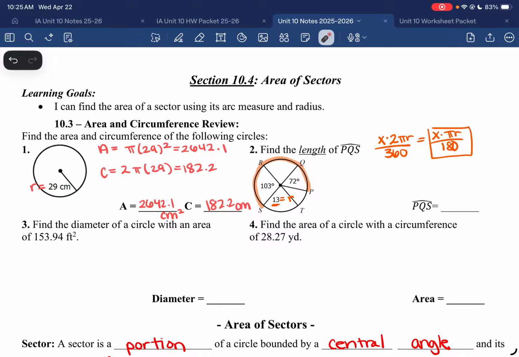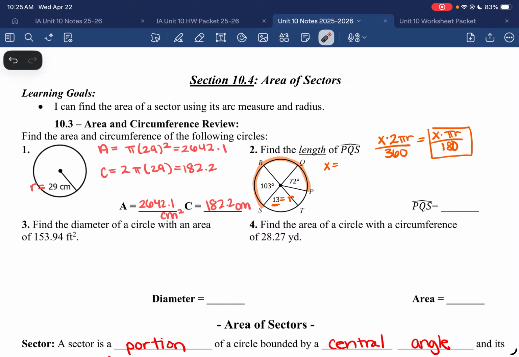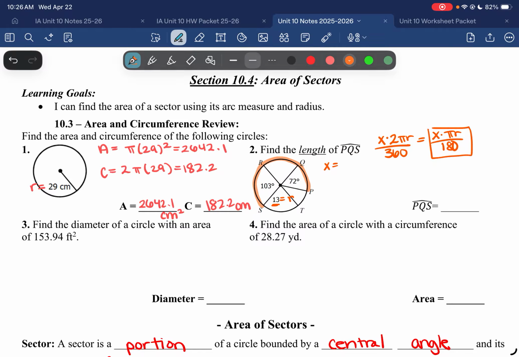And then for our x, if we look, we have this chunk, which is 180, plus the 72. So 180 plus 72 is going to be 252. That's going to be the x. And then r was the 13. So now we have everything we need to calculate that length.